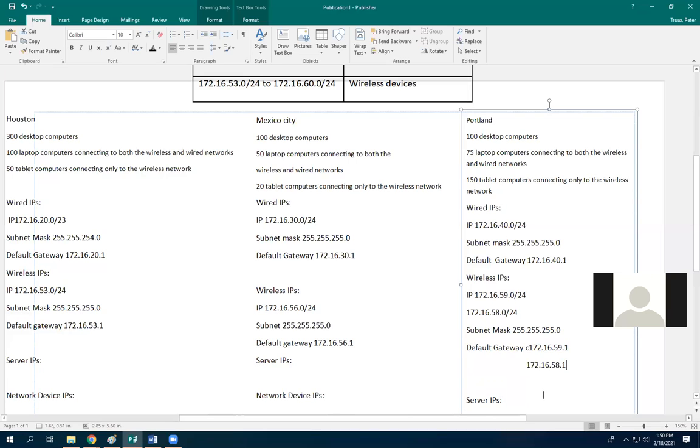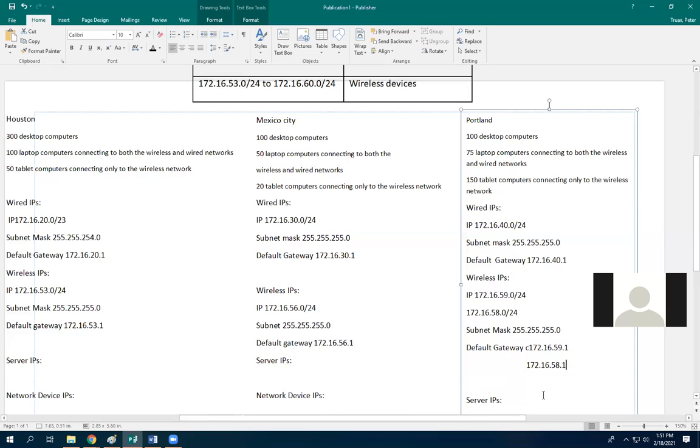Effectively it's like you're divided in half in that sales office or whatever. They talk to each other through the router if you're on 58 versus 59, whereas if there's just one, like 58.1 is your gateway and you have a /23, then 58 and 59 join together to be one bigger subnet.